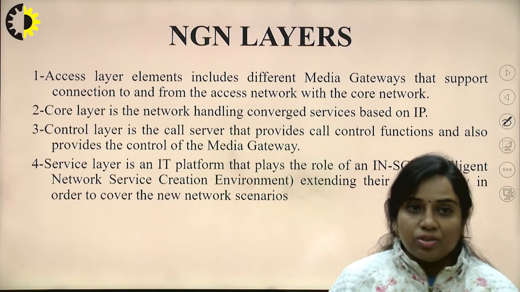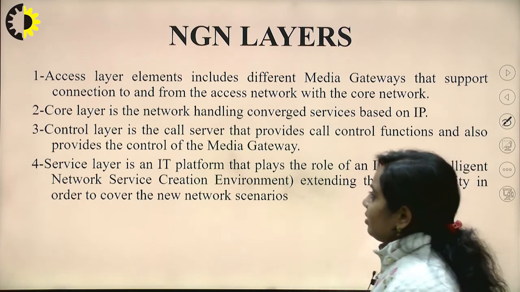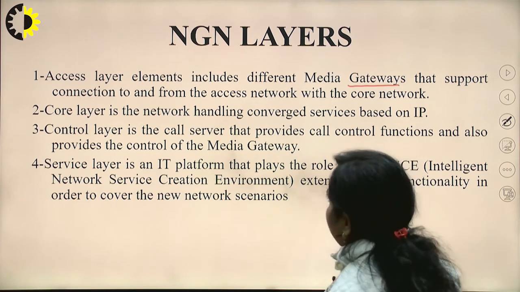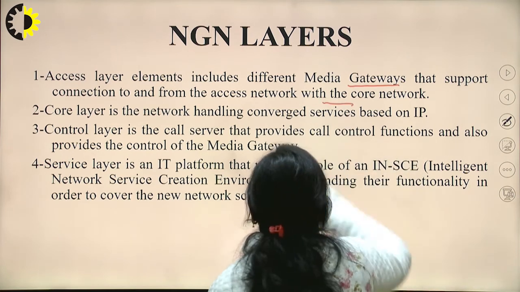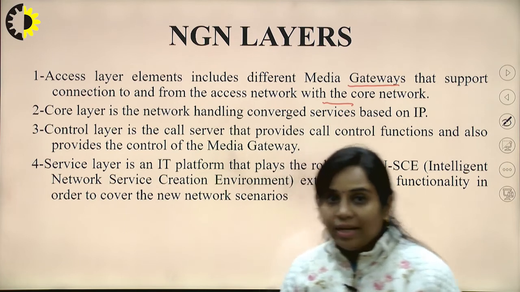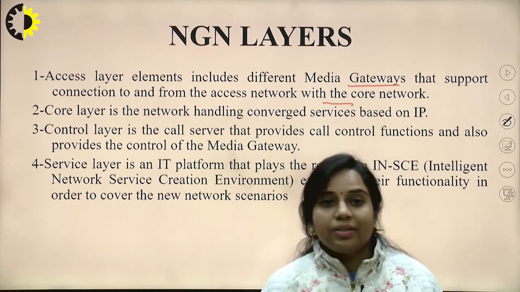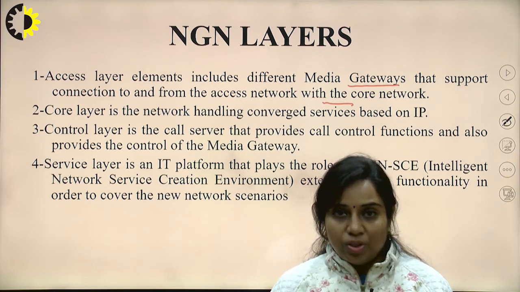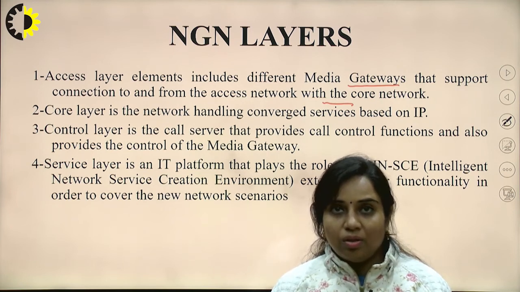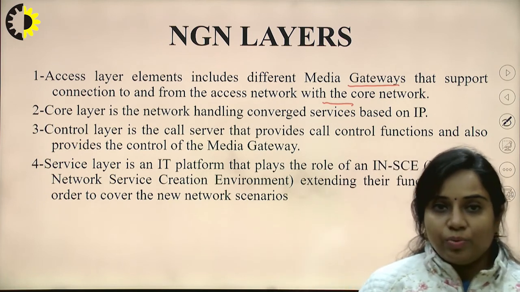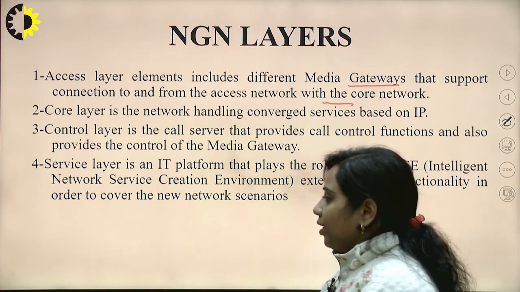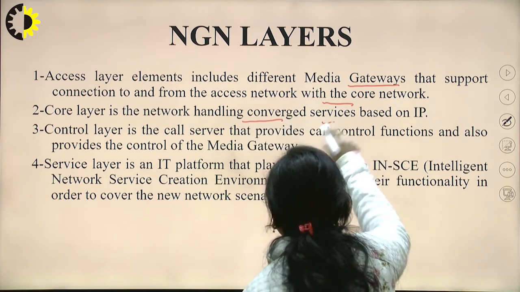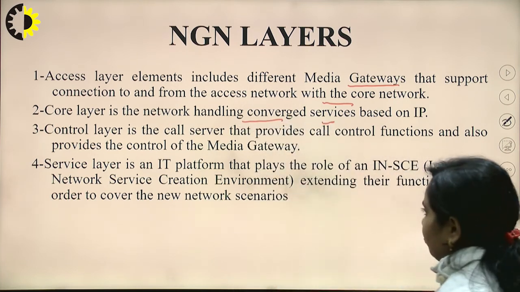The different layers are described in this particular slide. Access layer elements include different media gateways that support connection to and from the access network with the core network. Various gateways are like various connecting devices used in a network, like a switch, a router, a bridge, a gateway. These are all part of connecting devices. Now, the core layer is the network handling converged services based on internet protocol.